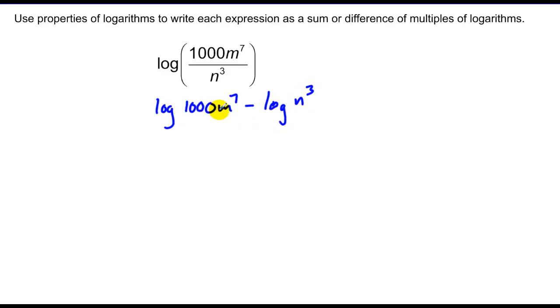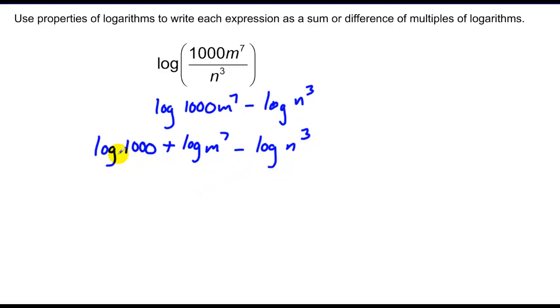Notice there's that multiplication. I'm going to pull that apart right now. So I have the log of 1,000 plus the log of m to the 7th minus the log of n cubed.